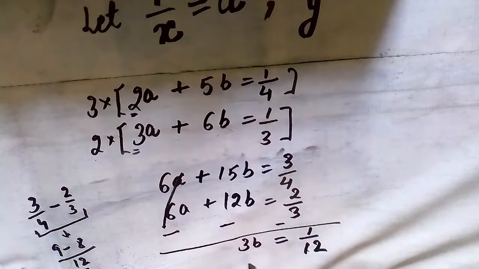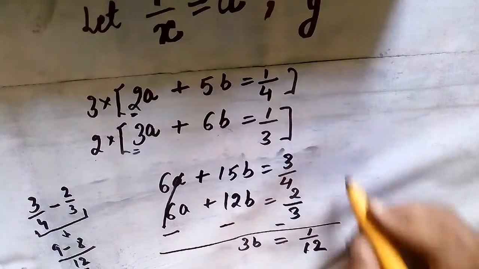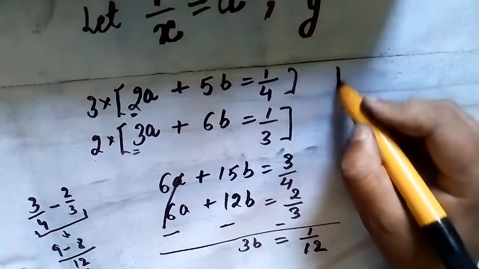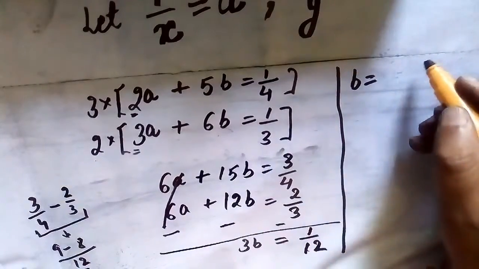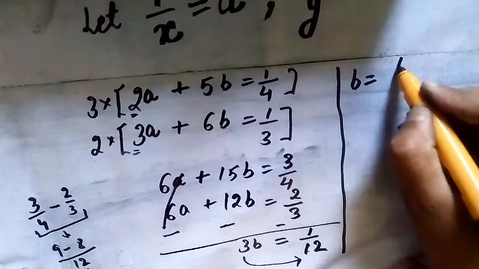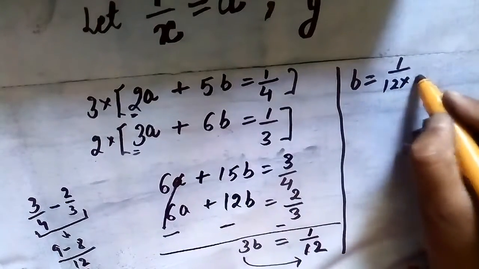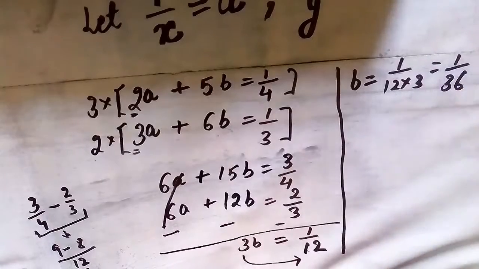Now find the value of b. Take 3 to the right side. It is in multiplication with b, so it will go in divide. 12 is already in divide, so it will become 12 into 3, which equals 1 upon 36.